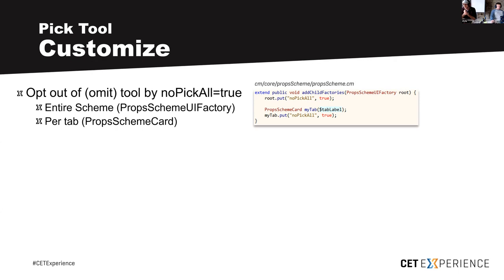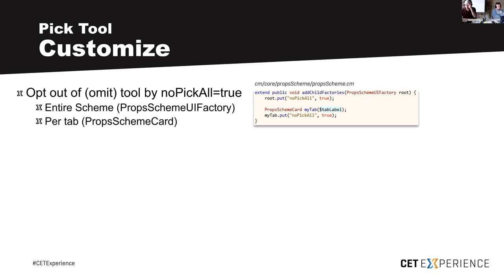There's an example of that on the right. So the prop def on the root is getting updated on the prop scheme UI factory. That will remove it from the entire scheme. Or you can remove it on a per card basis, or the individual tabs, and you'd set the same prop to true on those prop scheme cards.